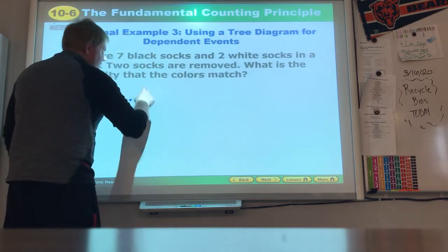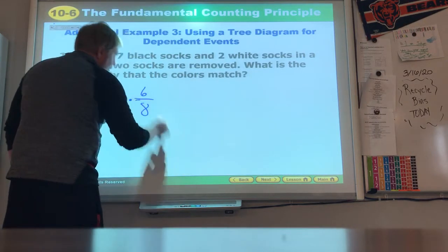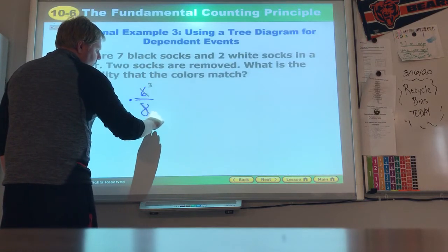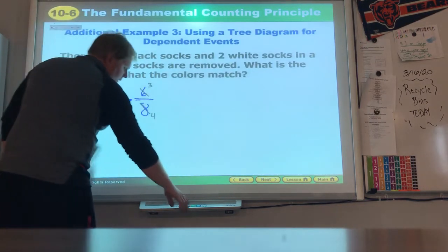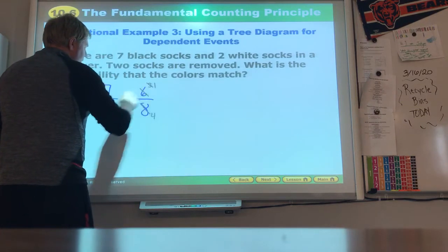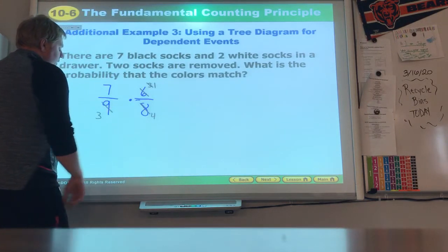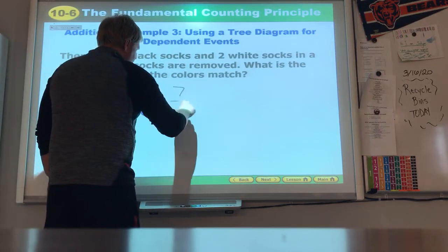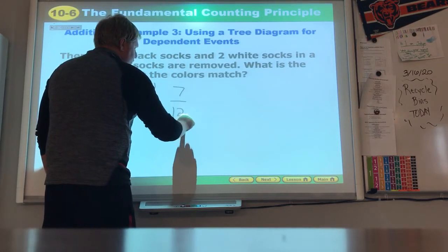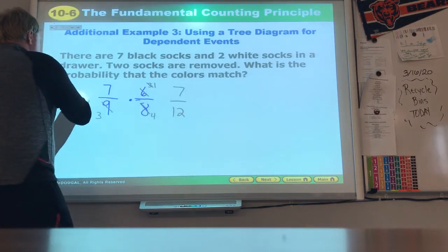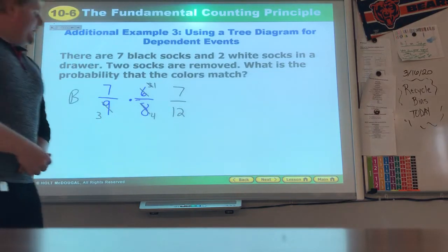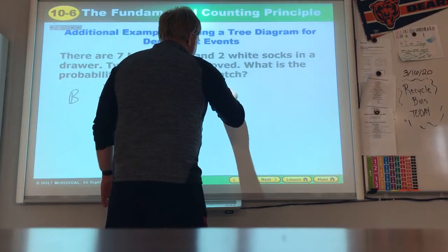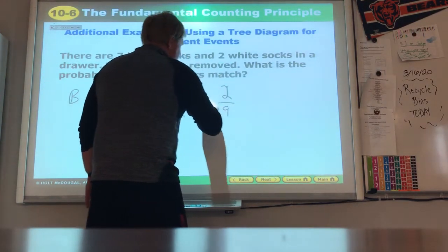This will become 3. This will become 4, divided each by 2. Then this will become 1. This will become 3. I divided each by 3. So I get 7 out of 12 for my chance of getting black socks. Now for white socks, that first time there's a 2 out of 9 chance.